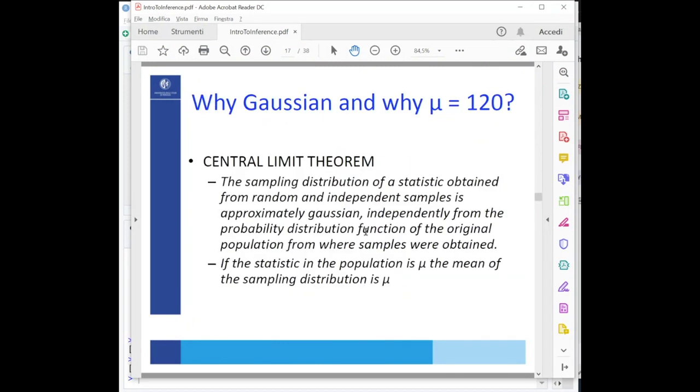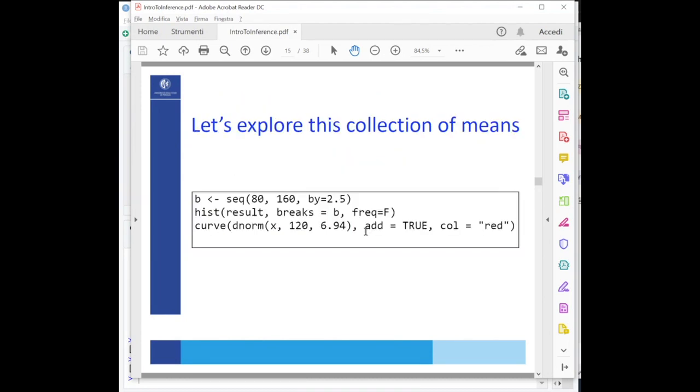Okay, so I have done one thing which I do not want to do now. I have discretized this, meaning, broken the interval into small pieces and counted the subjects in each interval. You can do this at home if you like, just using this code here.